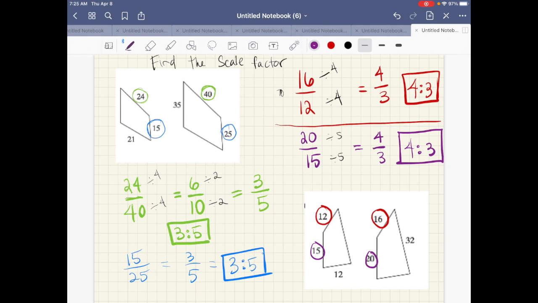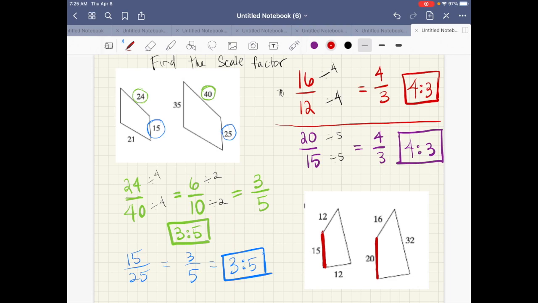So it's helpful to know exactly what we mean by that. So what I mean by that is for every 3 units here, there are going to be 4 units drawn here. Same thing up here.